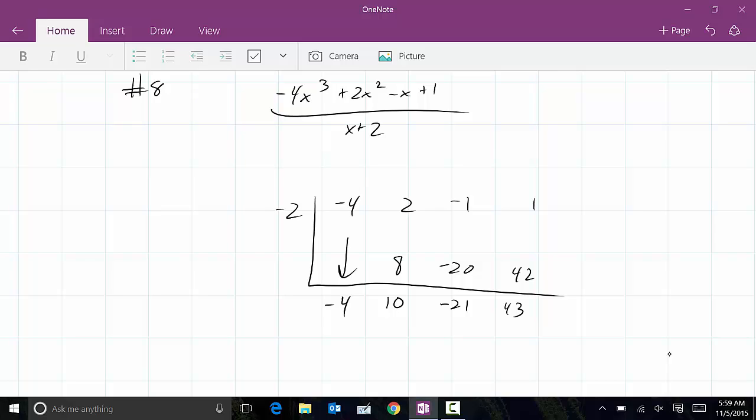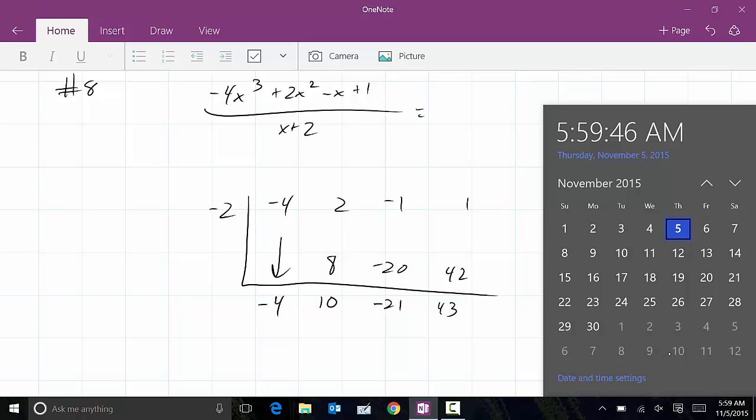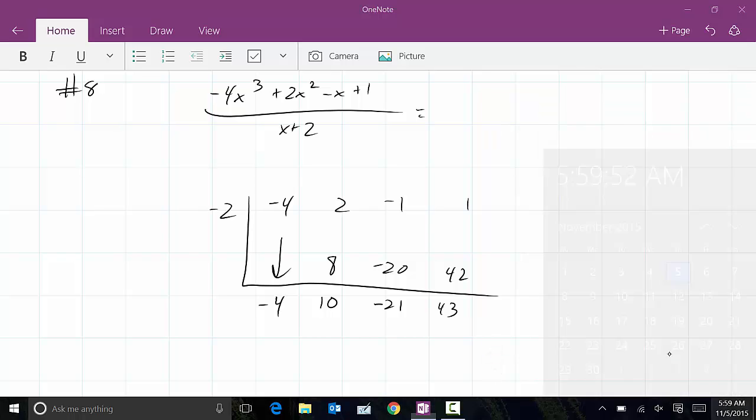So we found that -4x^3 + 2x^2 - x + 1 divided by x + 2 is equal to -4x^2 + 10x - 21 + 43 over x + 2.